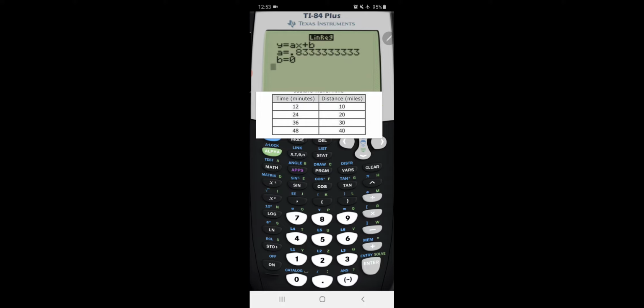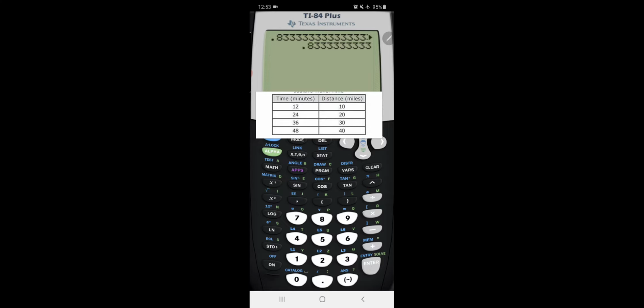If you're ever trying to figure out how to make that a, that's our slope in this case, and this will be a lesson later, and you'll do this over and over again. But if you had to make that guy into a fraction, because we don't like decimals like that, we can just go 0.8, and I say just repeatedly hit the 3 until your calculator gets the point. Easy. There's a couple ways.